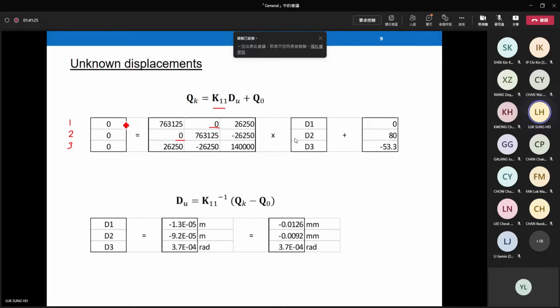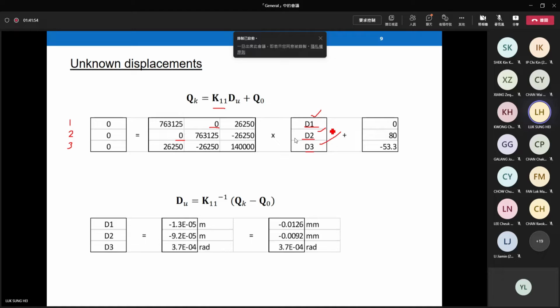So in equation 1, you only see D1 and D3, right? Because D2 is multiplied by 0. In equation 2, you will see D2, D3, but no D1. So you can set a relationship between D1 and D3, and a relationship between D2 and D3, and substitute them back into the last equation. 3 equations, 3 unknowns. You can solve for all unknown displacements easily: D1, D2, D3.